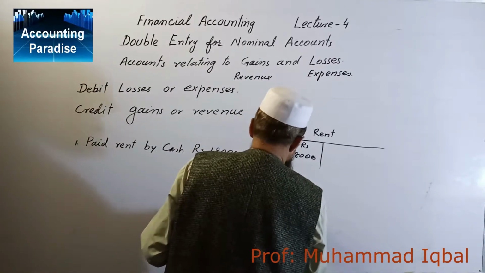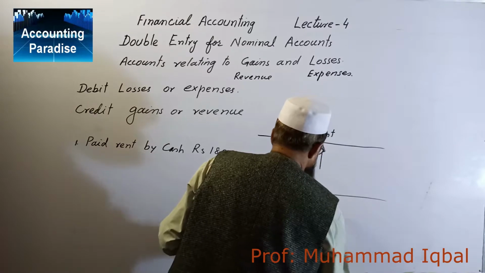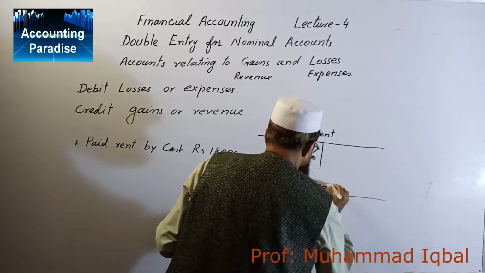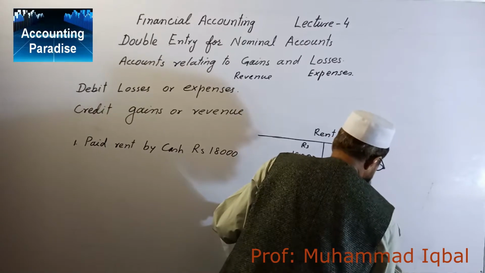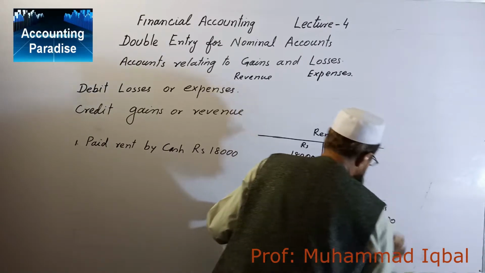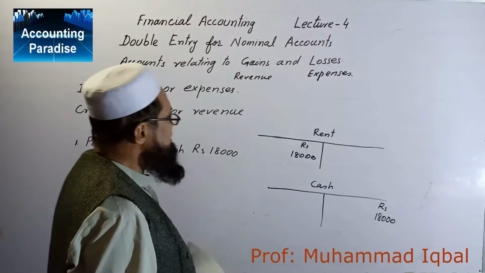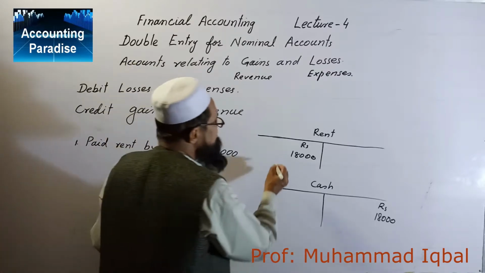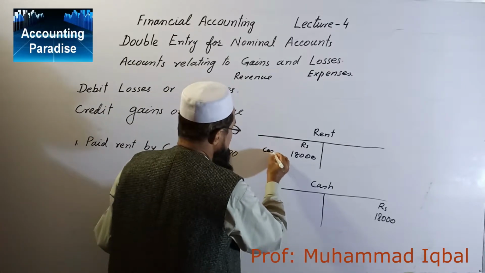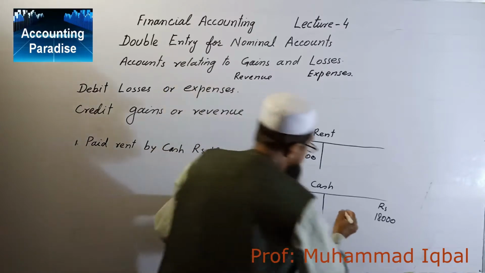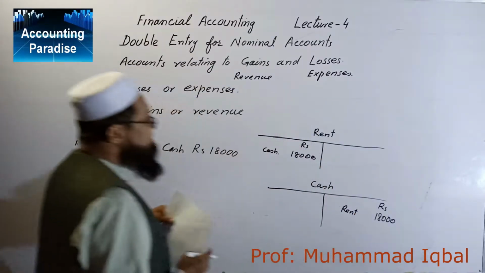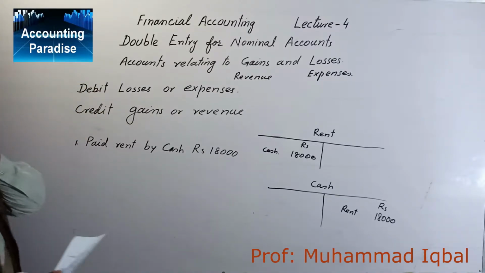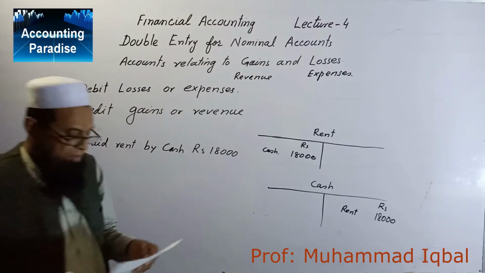And the other entry will be cash rupees 18,000. The contra would be cash and here the rent. As the date is not given, we have not entered the date in this account.